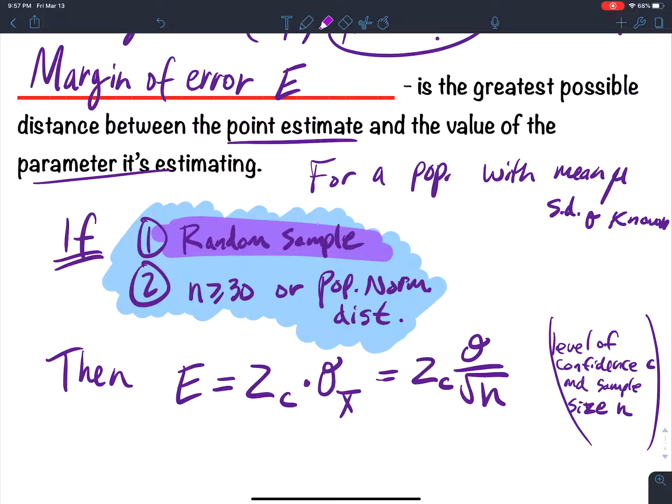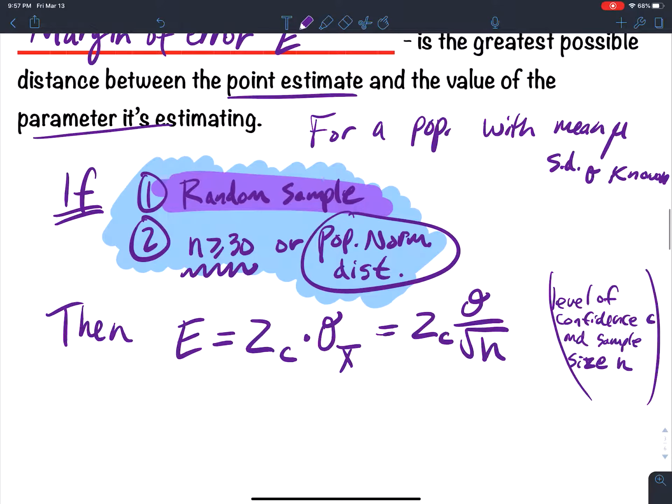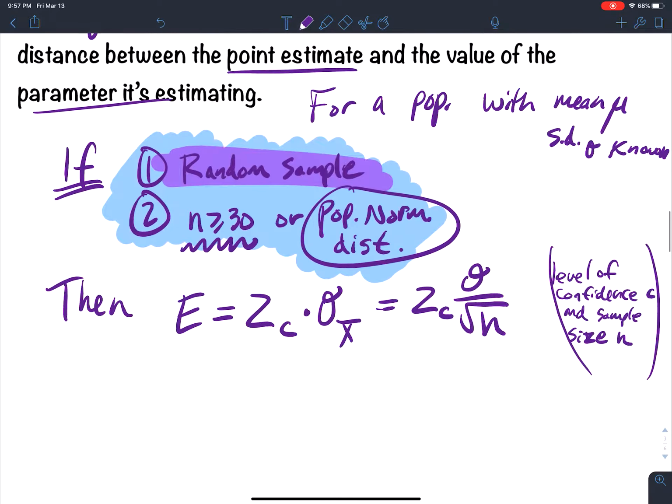So with all these textbook cookie cutter problems, you always get a random sample. So really what you need to check is n greater than or equal to 30 or is it normally distributed? If it's both, that's okay. It's okay to have more than one thing, but you need at least one of those two things for sure to be true.